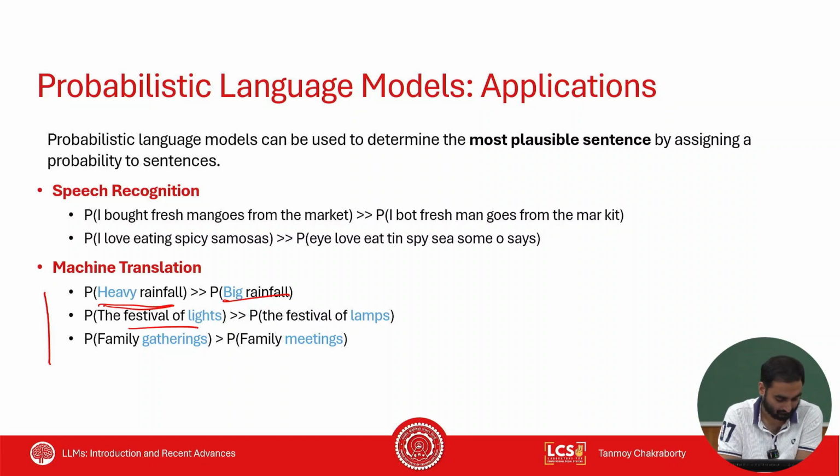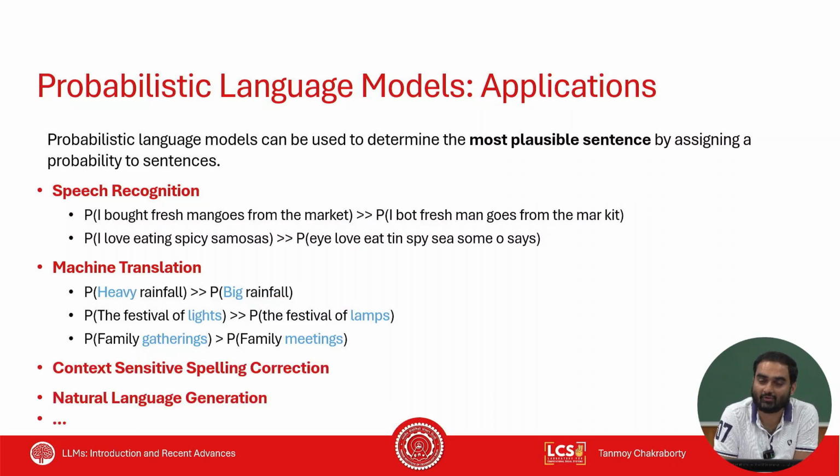And so on and so forth. Remember, here we are not only looking at syntax but also semantics, right? Lights and lamps are quite synonymous, right? But in the context of the festival, light is more likely than lamp, right? Similarly, family gathering is more likely than family meetings maybe.